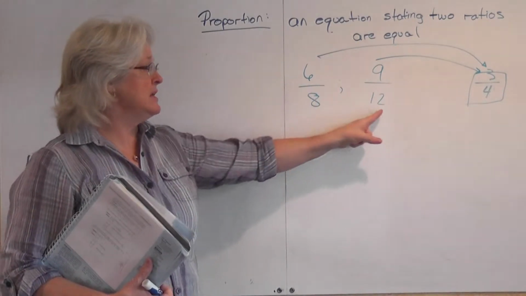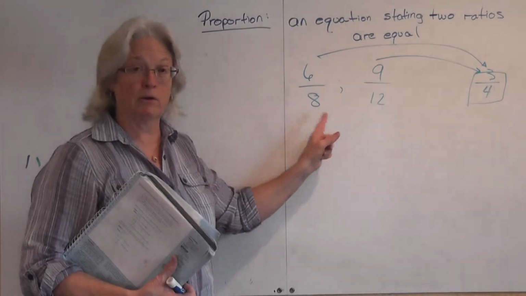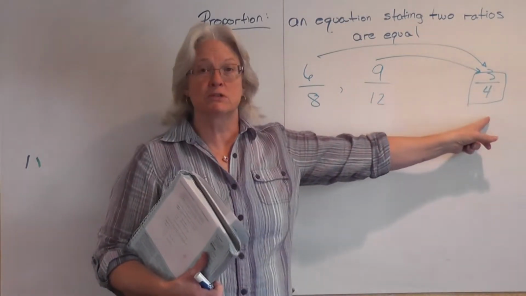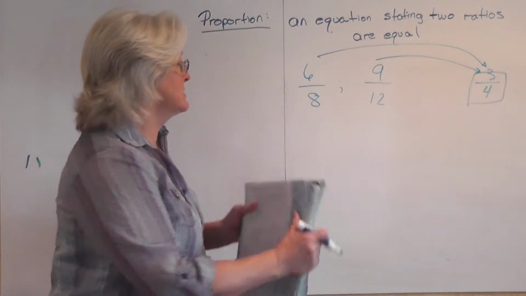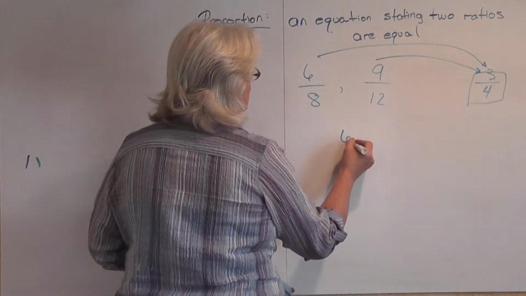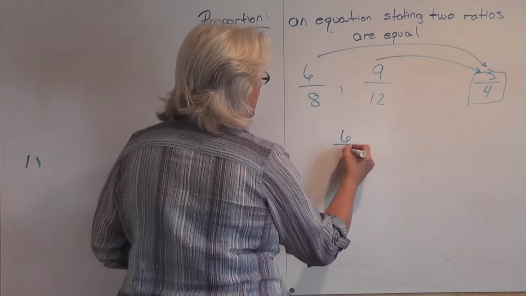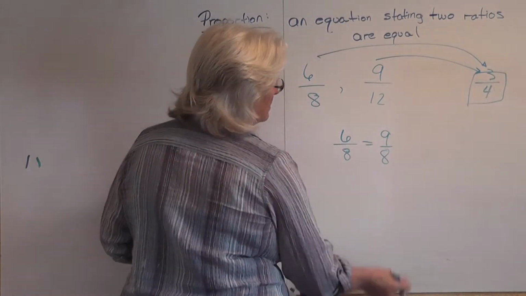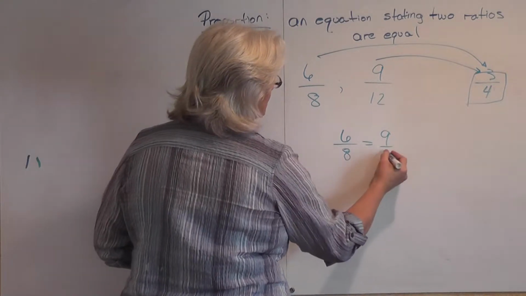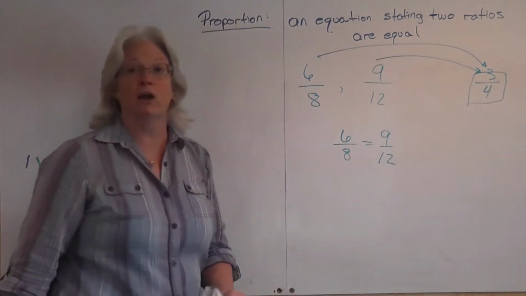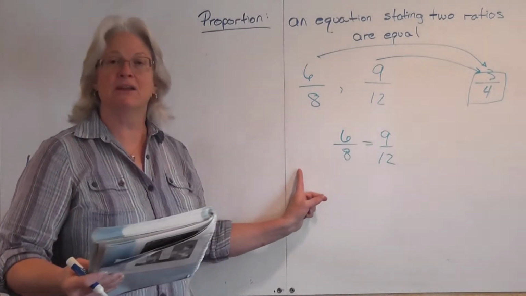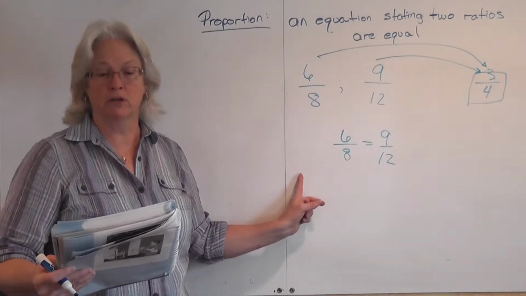So both of these ratios, both of these fractions, reduce to lowest terms to 3/4, so we have a proportion. And we can rightly say that 6/8 is not equal to 9/8. That's not true, is it? 6 over 8 is equal to 9 over 12. And this is an example of a proportion.